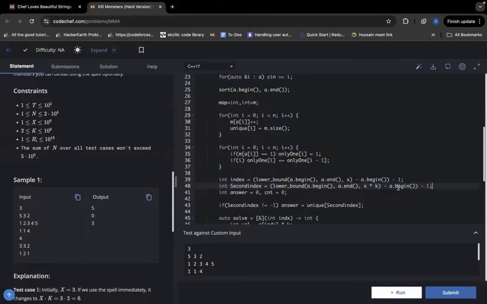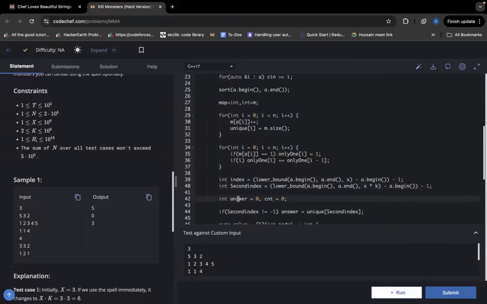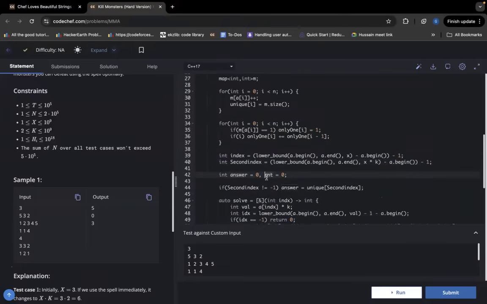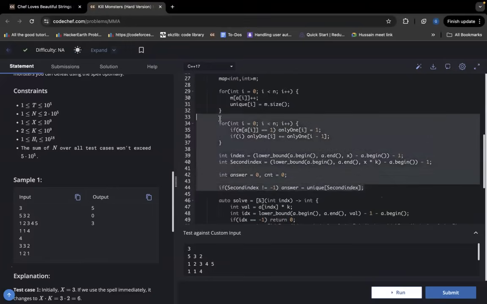So after that, I store my answer in my answer variable, and count is something I'll let you know soon. Now, if second index is not equal to -1, it means that I can start at a particular index after doing the x into k move. So I initialize my answer variable to unique of second index, because I can start killing every element in that range and I have not killed anything yet. Is the code till here clear, guys? Tell me. Yes or no?